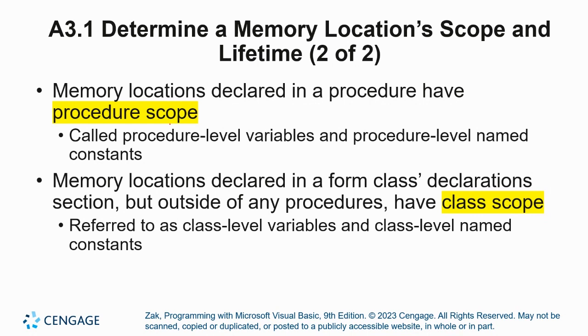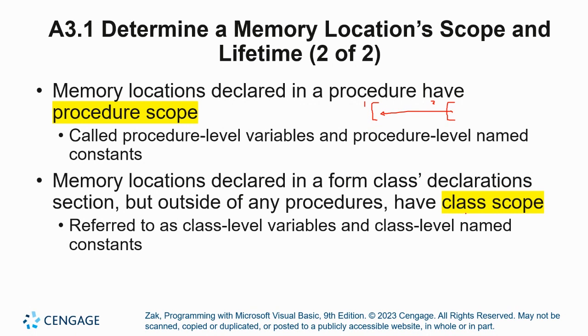If you have one function and a second function, you cannot ask in the second for the value of something that was determined in the first. Once this ends, that variable gets blown up. It's gone.